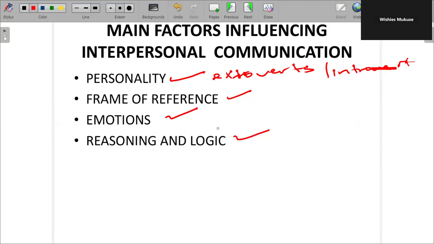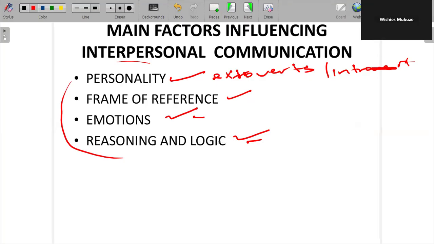I still remember we did this in N4, whereby we discussed the factors which influence interpersonal communication. Logic and reasoning: whatever you say, whatever you write should make sense. Emotions: people have to control their emotions when they are communicating to each other, right?